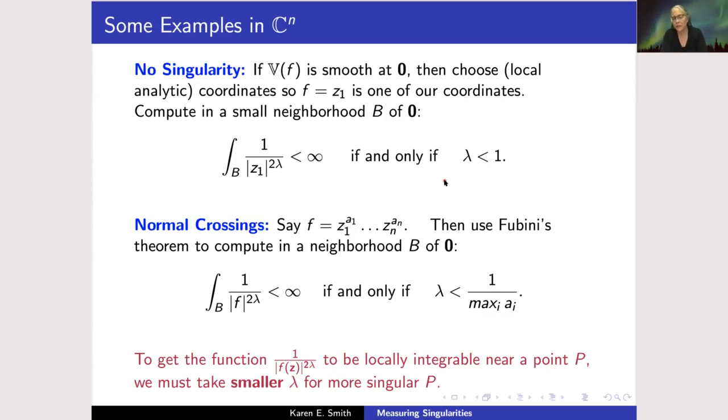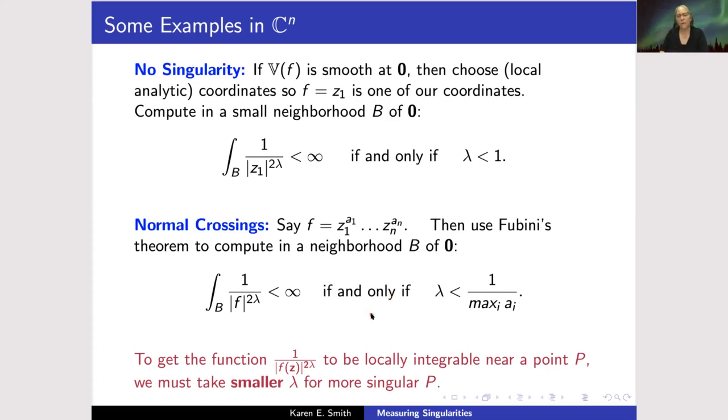And similarly, using Frobenius theorem, we can check when an integral for a polynomial that looks kind of like a monomial in the coordinates converges, and we get a value for when it converges, which I've put on the screen. So in general, when I have a smooth function, this integral is going to converge for lambda less than 1, and it's going to diverge when lambda is greater than 1.